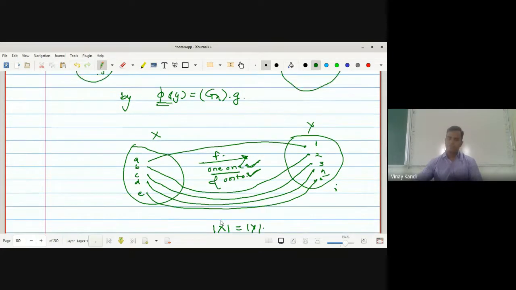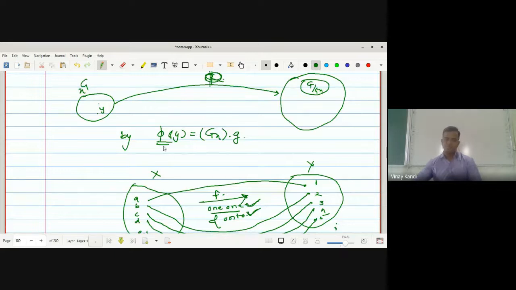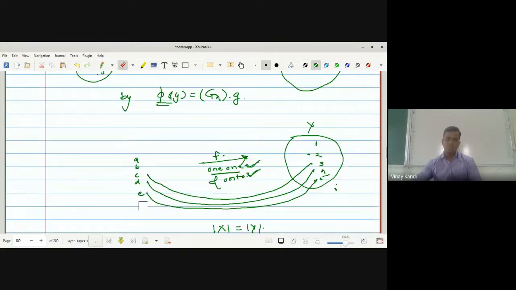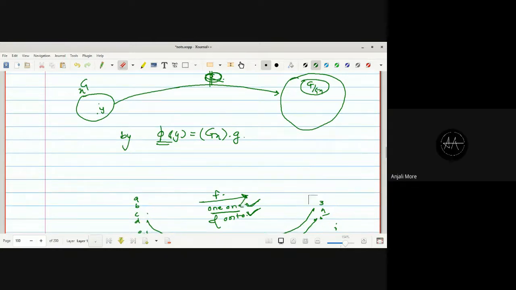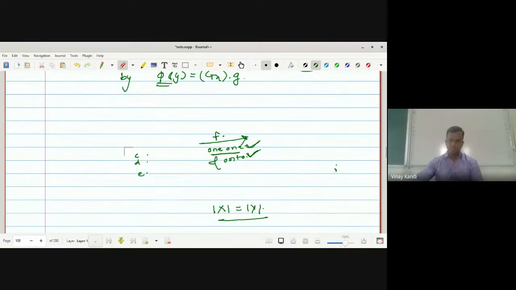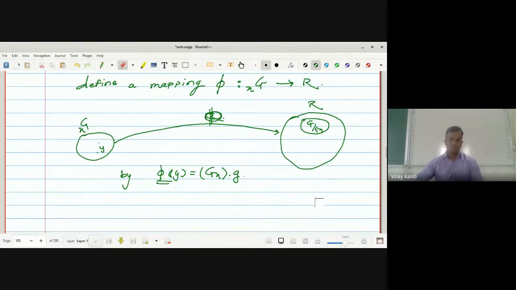If I show that this phi is both 1-1 and onto, then order of Gx is equal to order of the orbit, which is order of G by Gx. Is it correct? Yes, sir. The purpose of saying this is that if a function is 1-1 and onto, the order of codomain and domain must be the same.